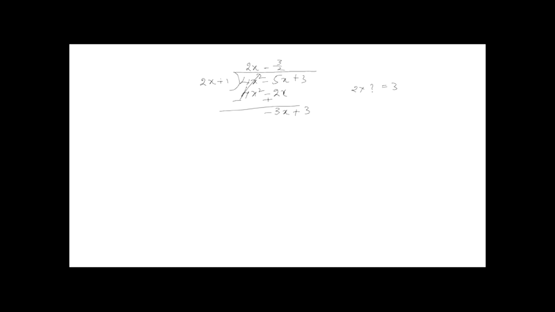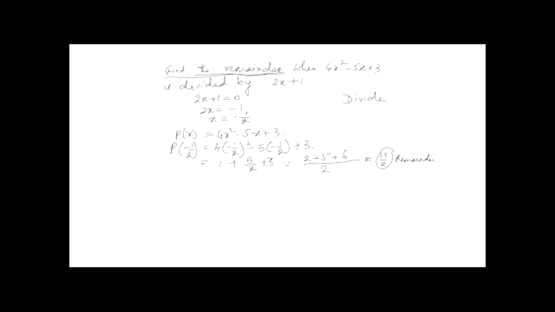Is it okay? So I will get minus 3x because 3 by 2 into 2 is 3 and minus 3 by 2. Is it correct?